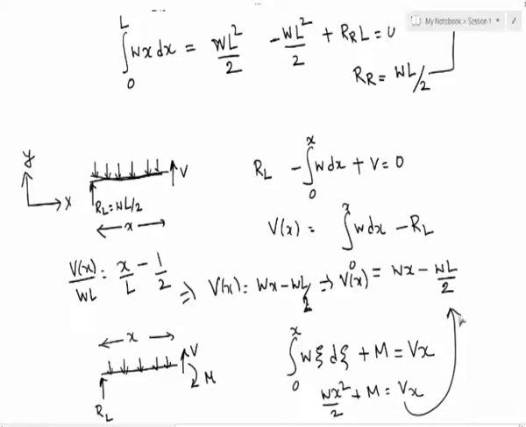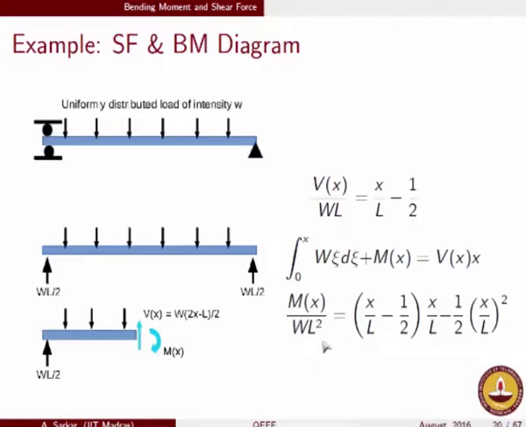When you do all that simplification, it will work out that the bending moment is this. Okay, it looks a little complicated, but it is not very difficult. So this is how you can calculate the bending moment at this section.